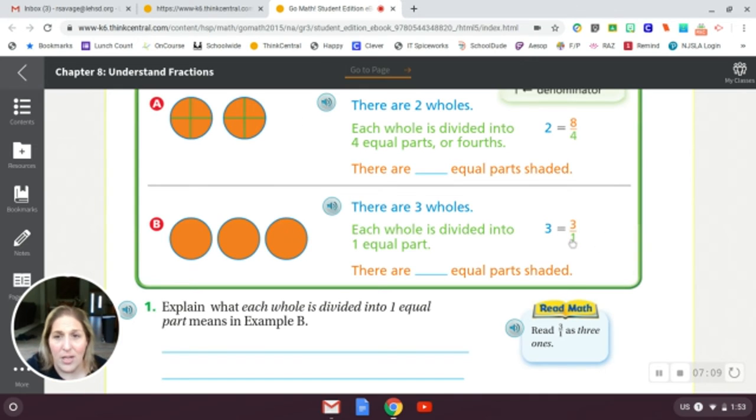So the denominator is 1 because it's only in 1 piece. So I have 1 over 1. We don't say once. 2 wholes over 1, 3 wholes over 1. Each whole is divided into 1 equal part. There are 3 over 1 equal parts shaded.